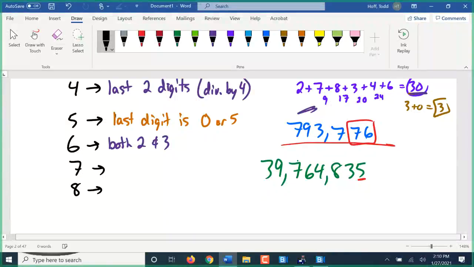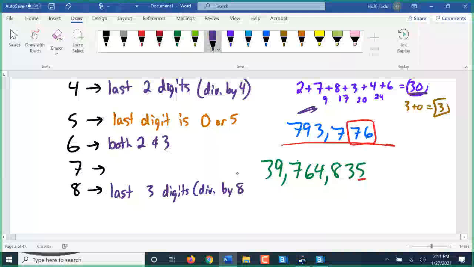For 8, do I have any ideas? Look at the last 3 digits to divide by 8. So up here, 776, is that divisible by 8?